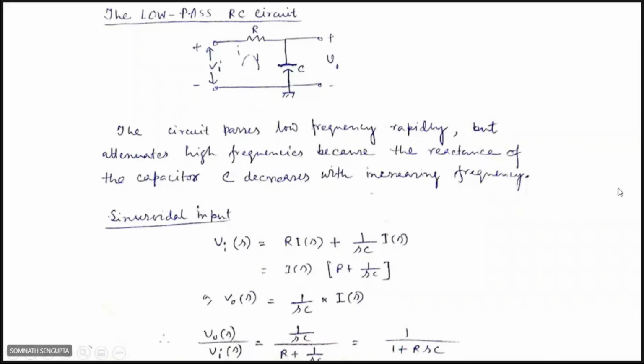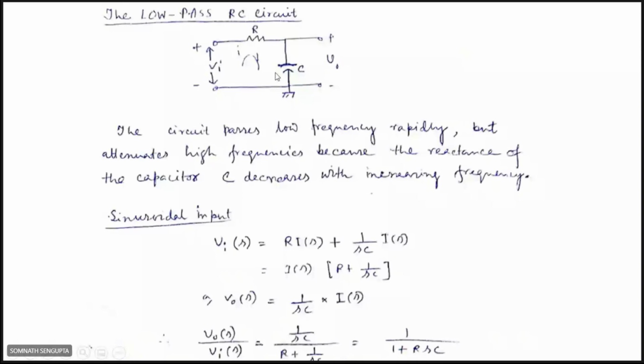I just want to give some basic formula based on Laplace transform, nothing else here. So what is a low pass RC circuit? If you take the voltage across the capacitance, then it will be a low pass RC circuit, and it passes low frequency.